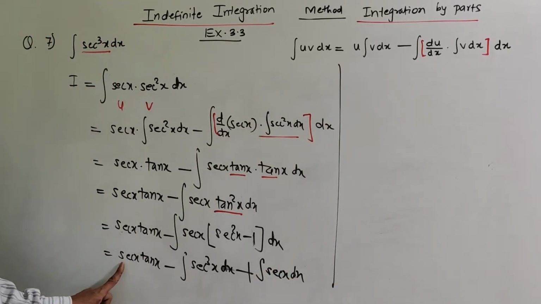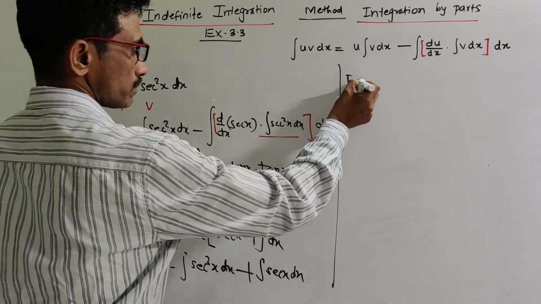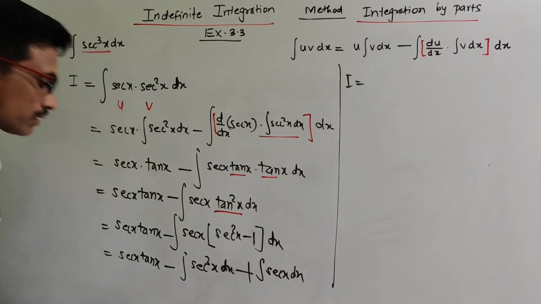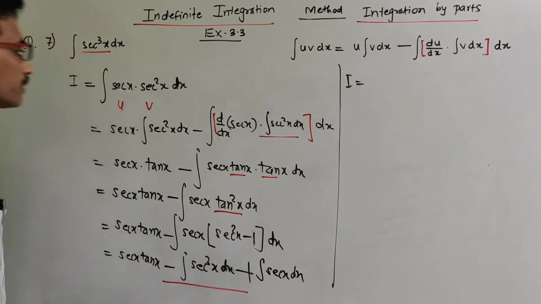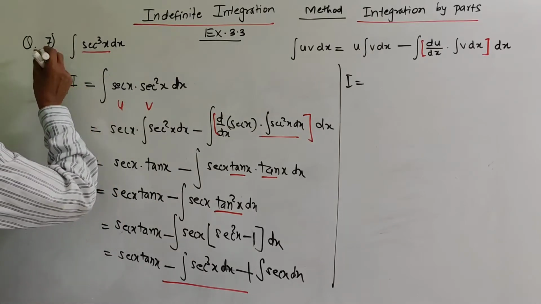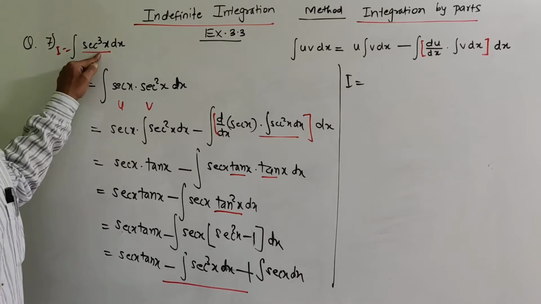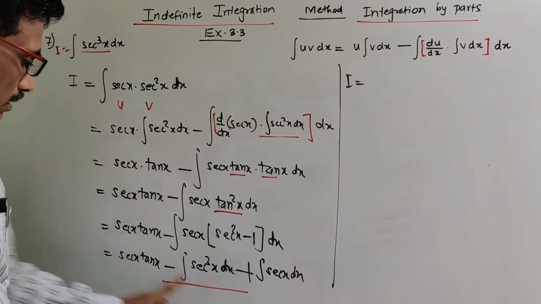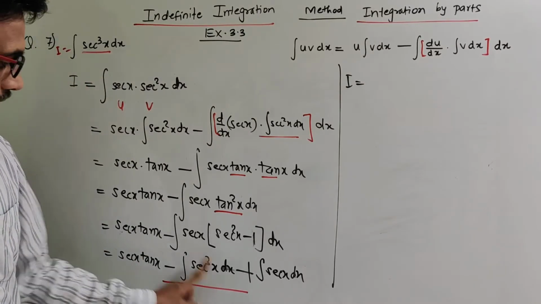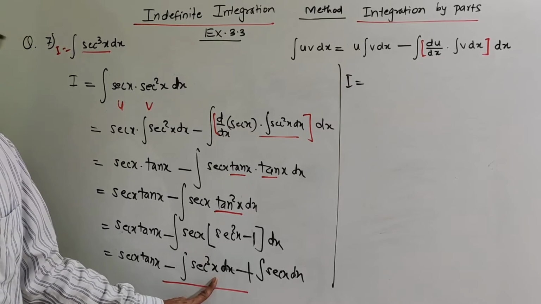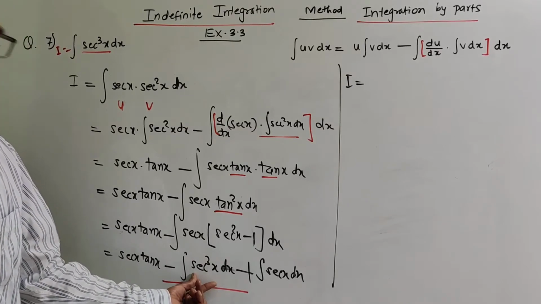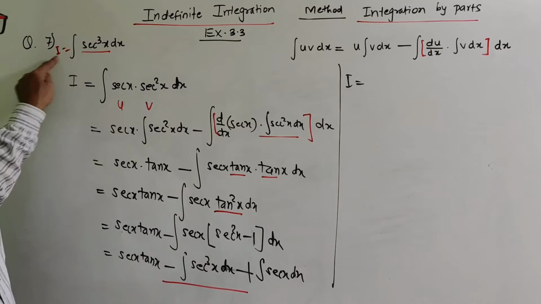Then I is equal to, but we have started with I is equal to sec cube x. So we arrive to this step, and here it is also sec cube x, and what that means, what we can write in place of this, इसके बदले आप I लिख सकते हैं.